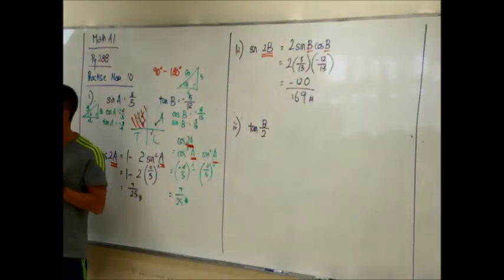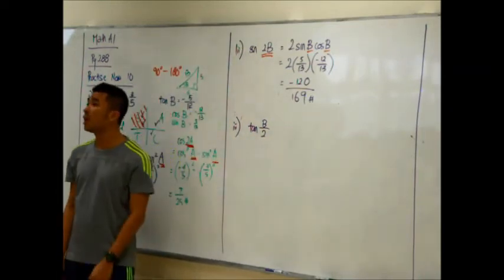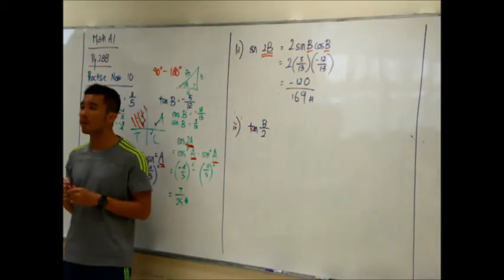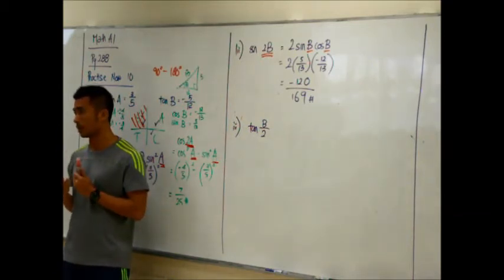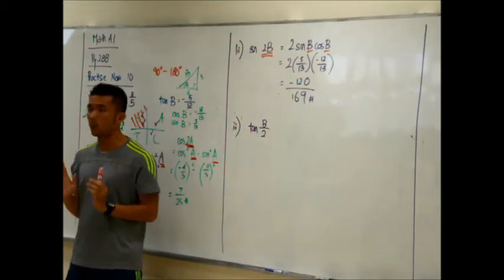All agree? So you must be smart enough to know that if it's something divided by 2, definitely which formula do you want to use? Double angle formula. But most of you will not be able to get it. Why?